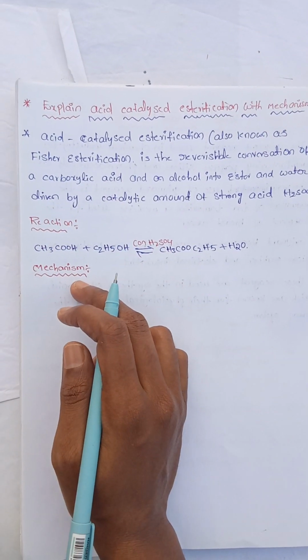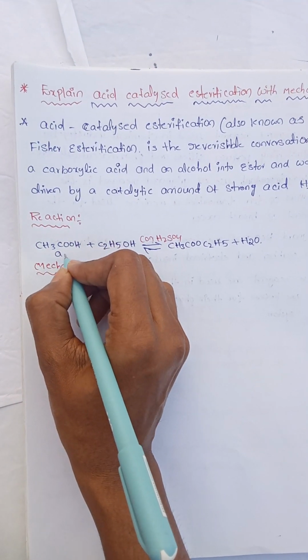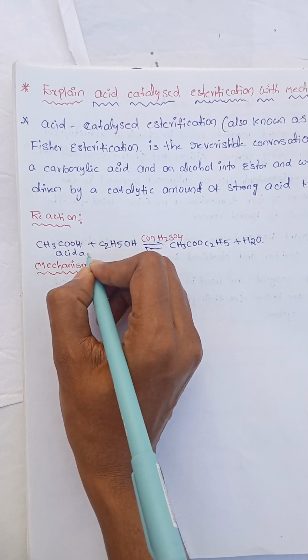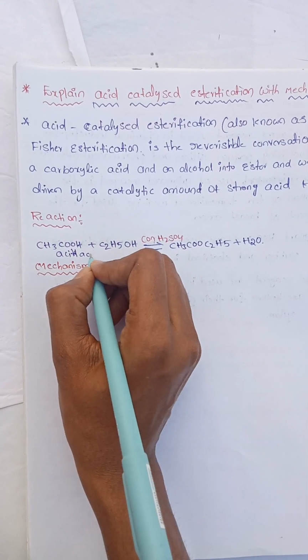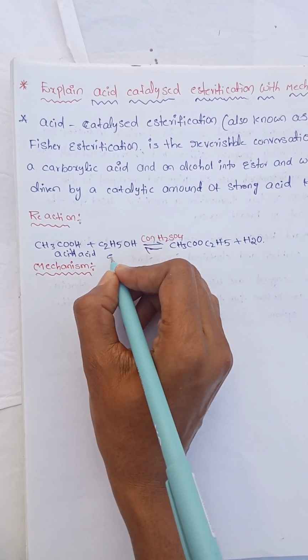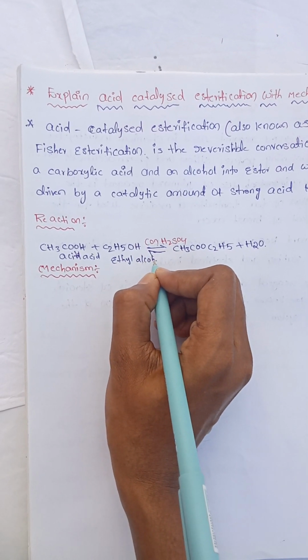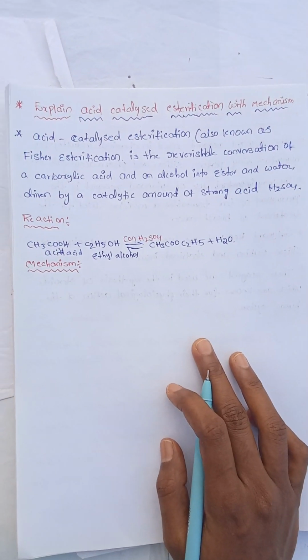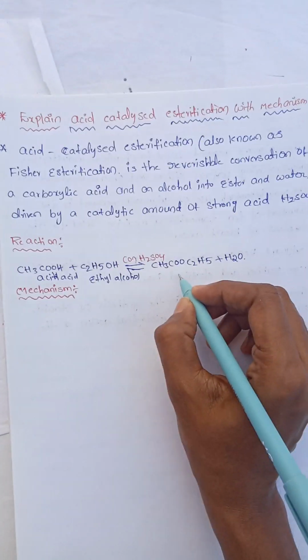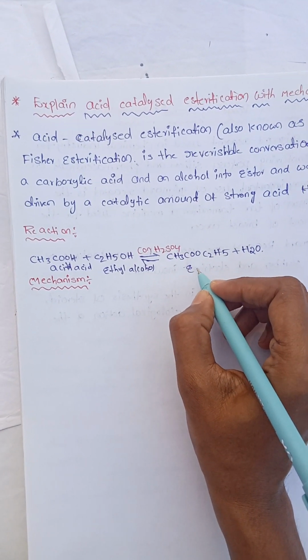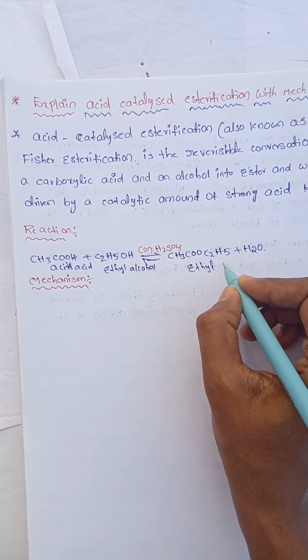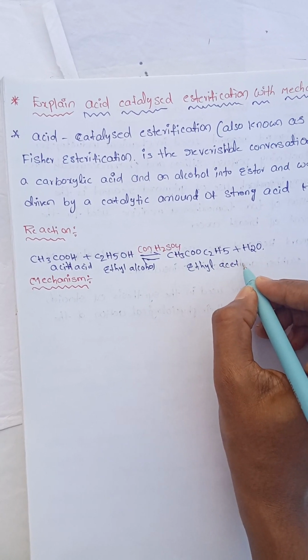What is the reaction? It is acetic acid and this is ethyl alcohol. The product is ethyl acetate.